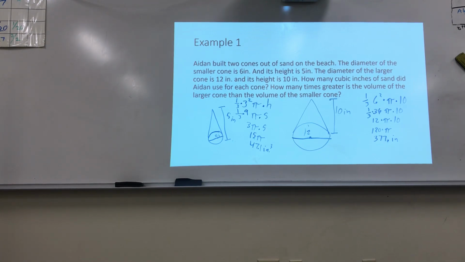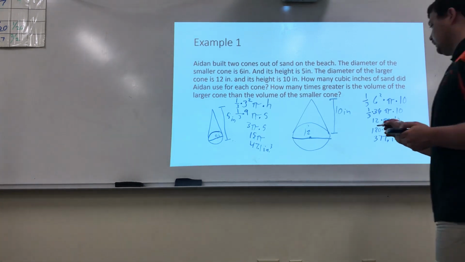Now I need to know how many times greater the big cone is than the small cone. So divide 377 by 47.1. And it is about 8 times larger.